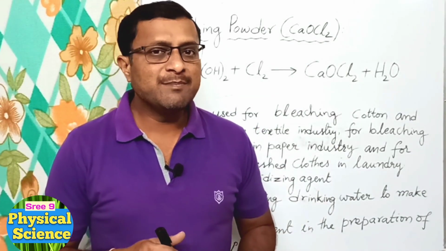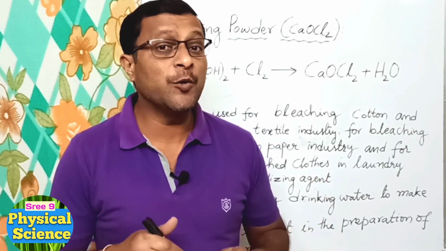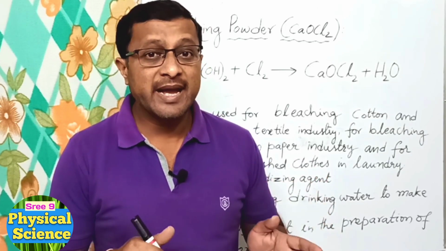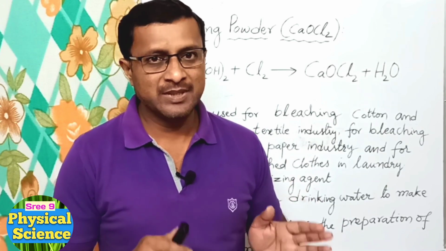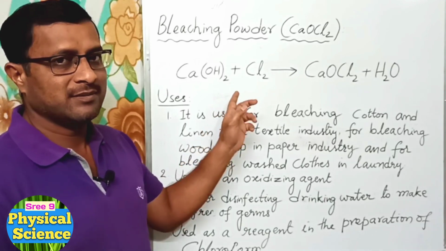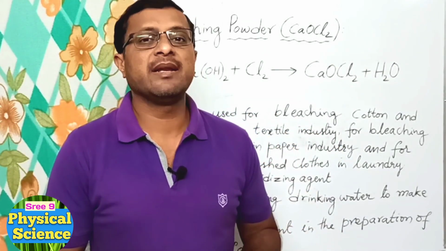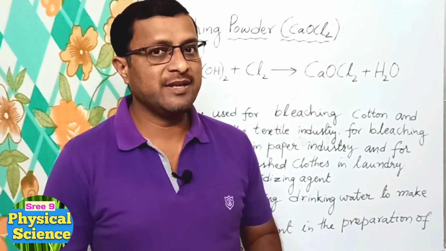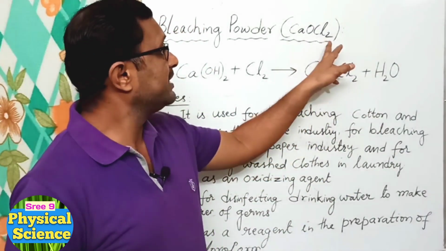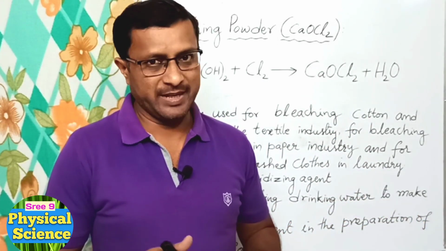Bleaching powder is produced by the action of chlorine gas on dry slaked lime. The slaked lime is nothing but calcium hydroxide. Bleaching powder is represented by the formula CaOCl2, though its composition may be quite complex.